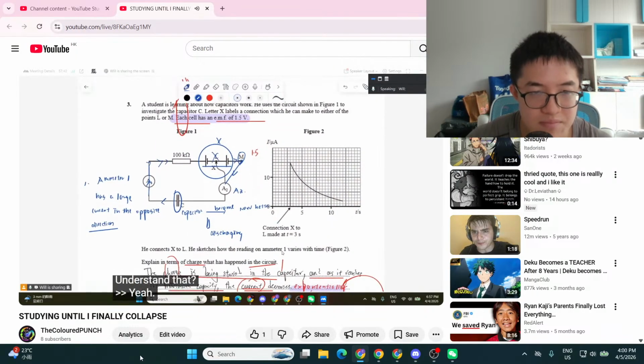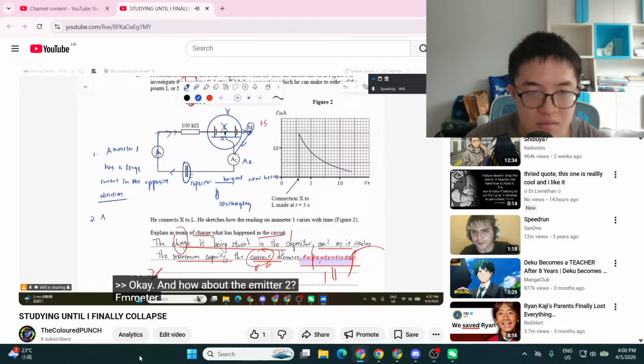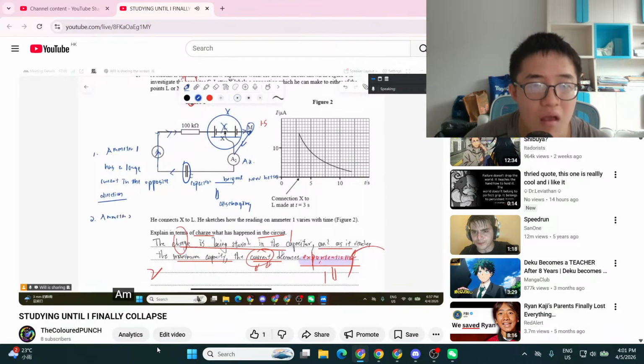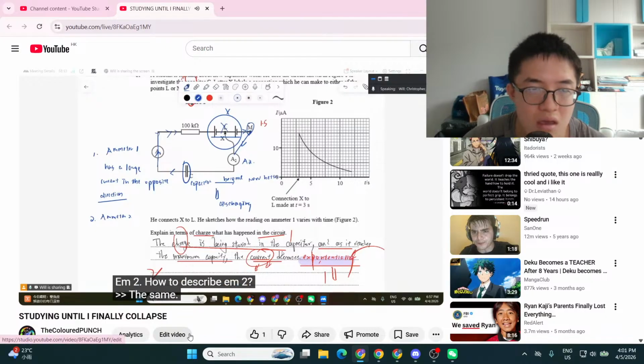And how about the emitter two? How to describe emitter two? It's the same as emitter one. Why?